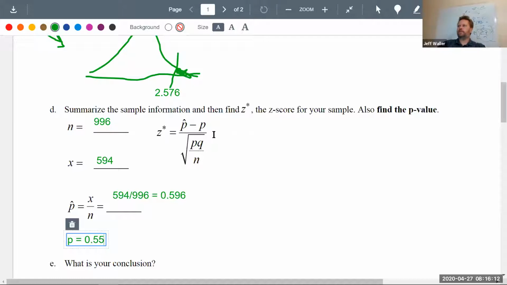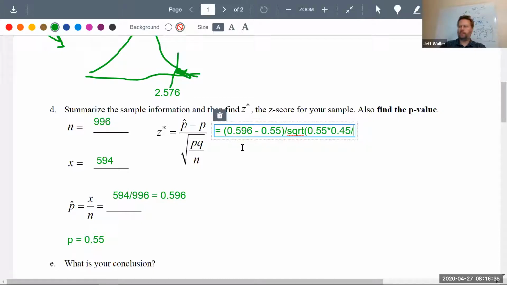Let's see. Oh, this is going to be funky. 0.55. Oh, not 55. 0.596. That's my data minus the supposed middle, divided by the square root of 0.55 times 0.45 divided by 996.